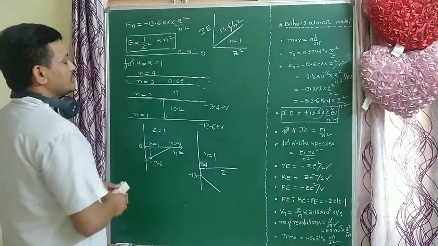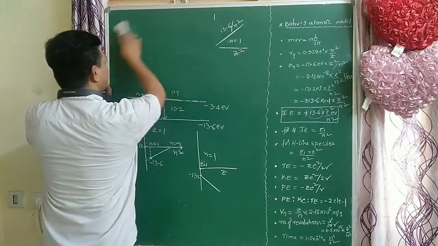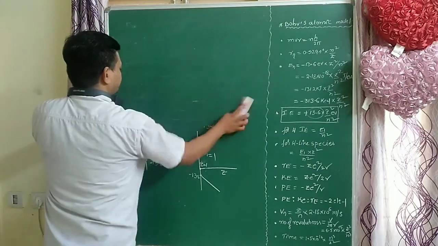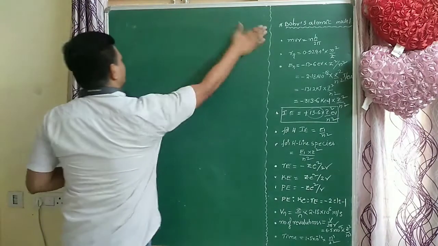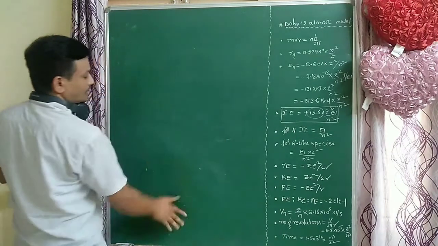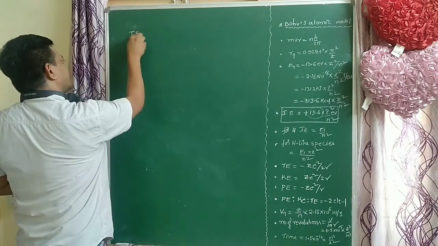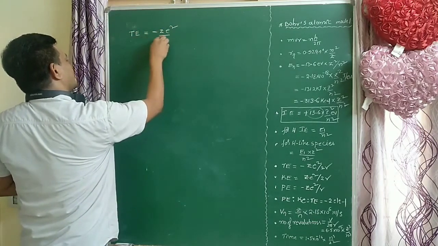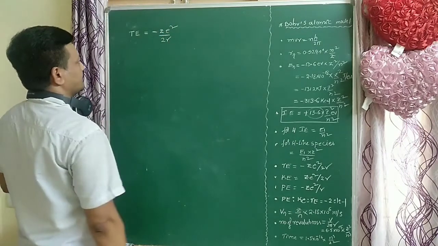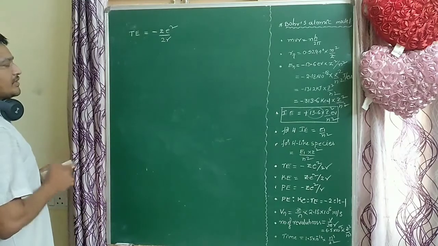Next, go to total energy, potential energy and kinetic energy. What are the relations? Total energy equals minus Z square by 2R, and total energy is always a negative term.